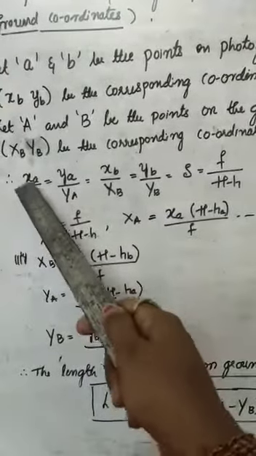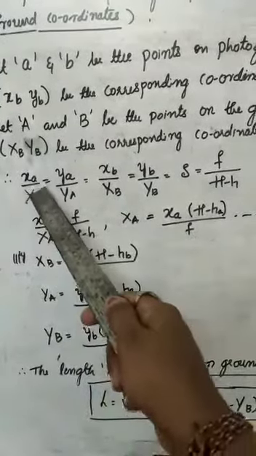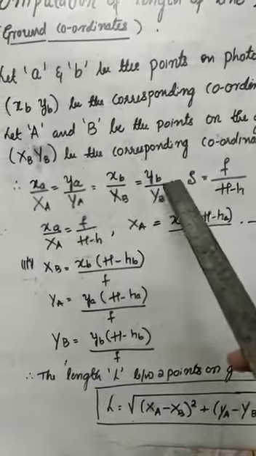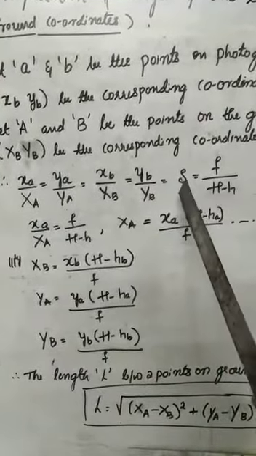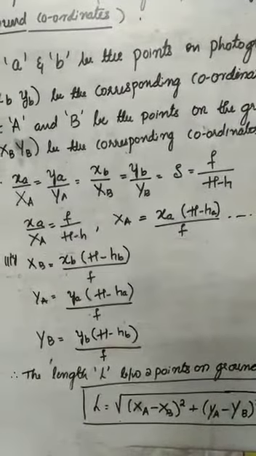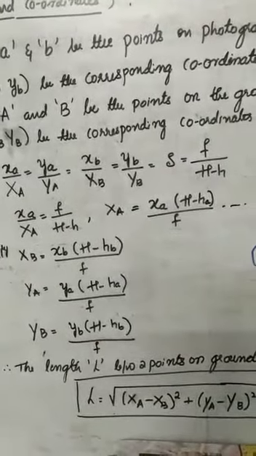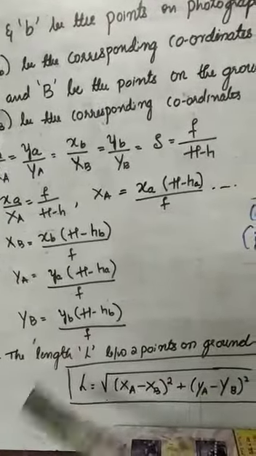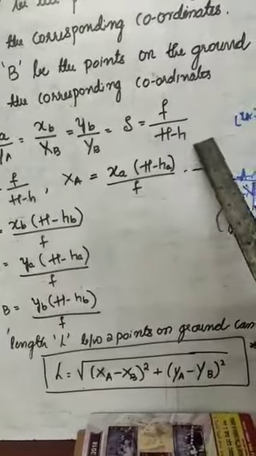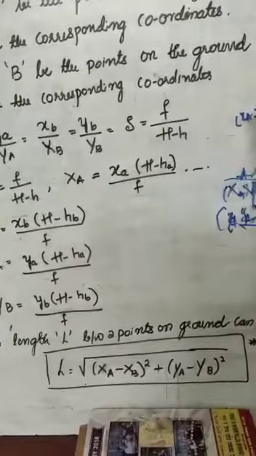Instead of writing separately xa by capital XA is equal to s, we have written all four coordinates and finally equated them to s. And from the scale definition, we have derived the formula in the previous one, which deals with different ground terrain conditions, that is different terrain.